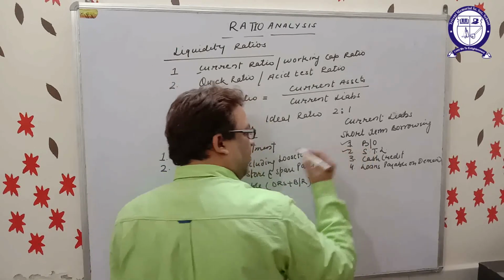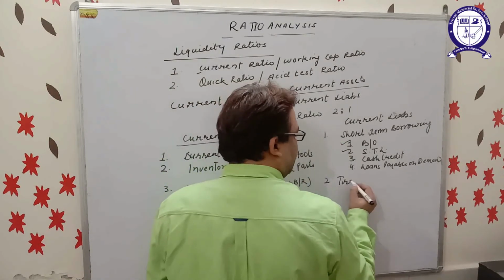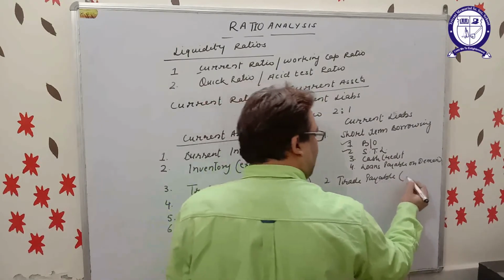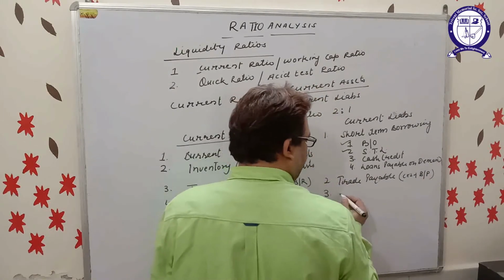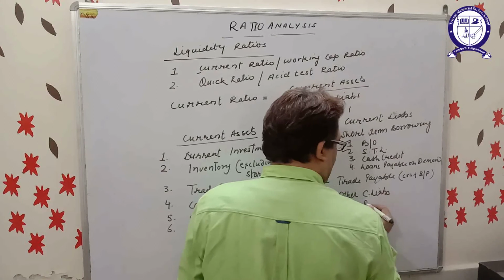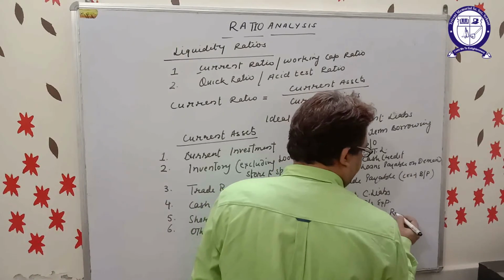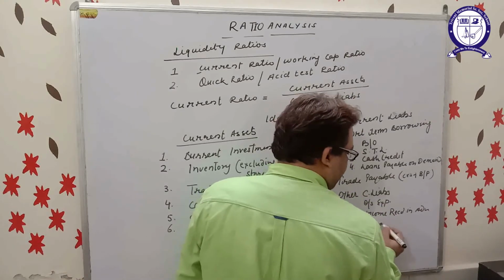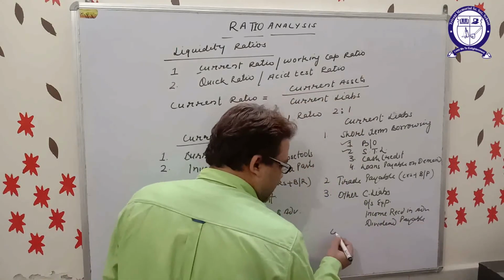These two are very important: bank overdraft and short-term loans. Number 2, trade payables. Creditors and bills payable are included in trade payables. Third point, other current liabilities like outstanding expenses, income received in advance, dividend payable, calls in advance.